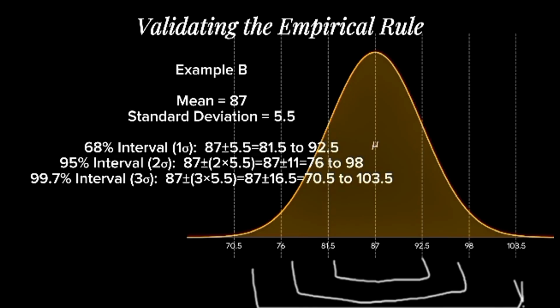And finally, 3 standard deviations, 16.5 points, cover 99.7% of our data, ranging from 70.5 all the way to 103.5. This table shows us that the bell curve is a universal tool for organizing data.